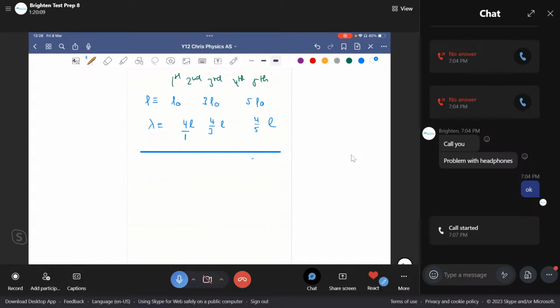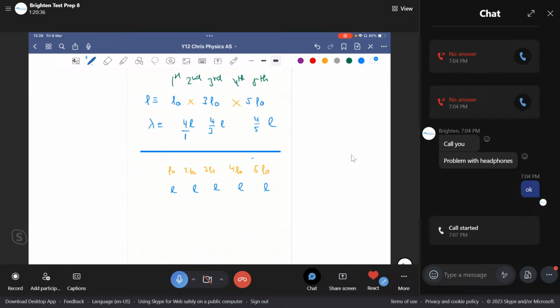And let's use orange for the closed one. So we have, of course, F0, 2F0, 3F0. That goes without saying. This one is just not existing here. 5F0. And for the wavelength, we have then, of course, L again. So it's always in relation to the length of the tube, or in this case of the string.